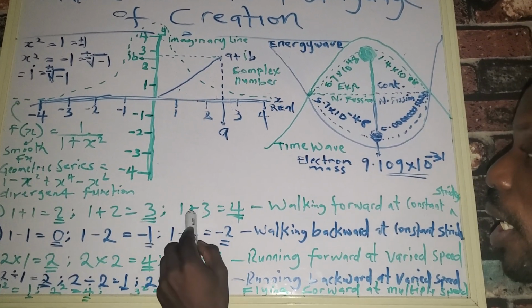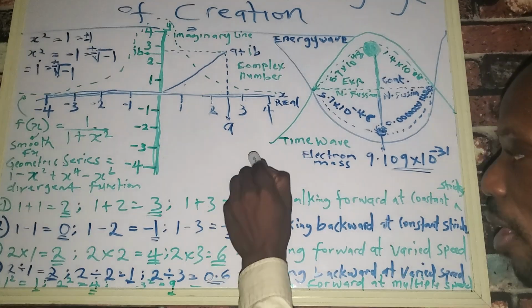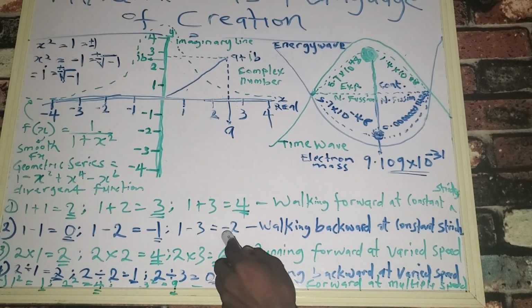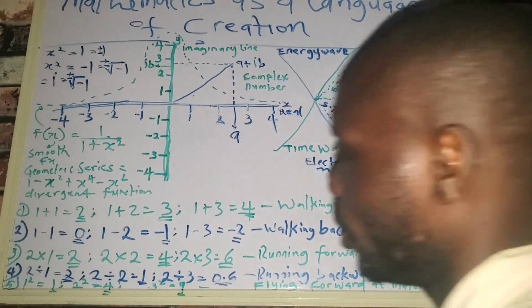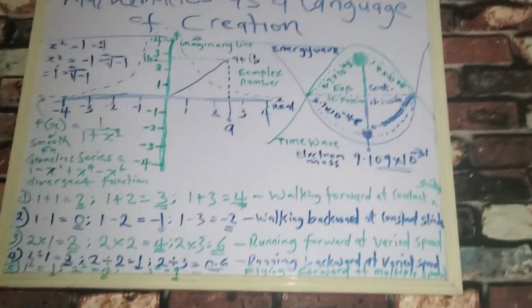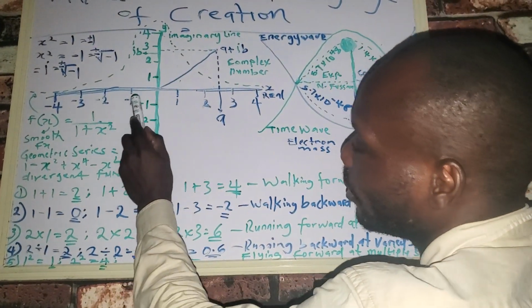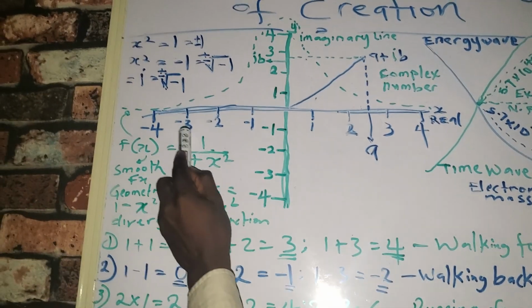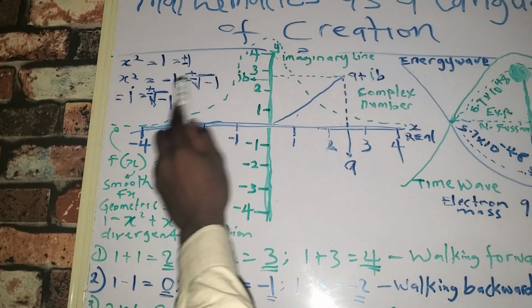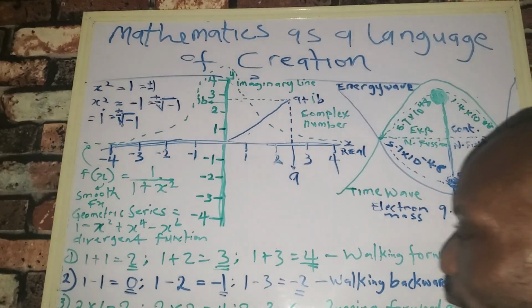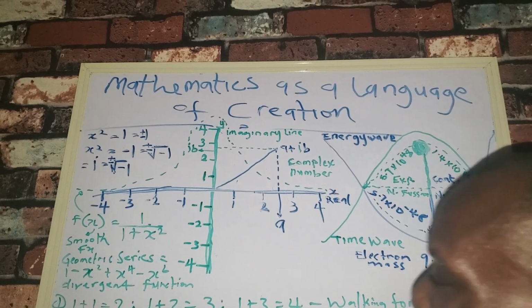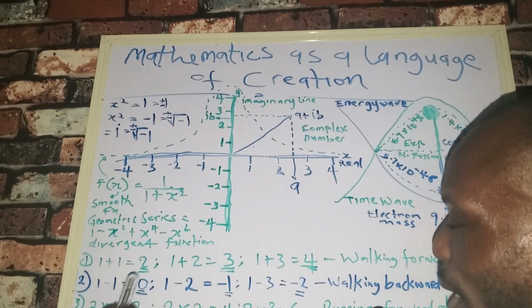For the addition operations, we have positive integers, but now we have negative integers. We can see the retrogression right here, where we have minus 1, minus 2, minus 3, minus 4 right there.